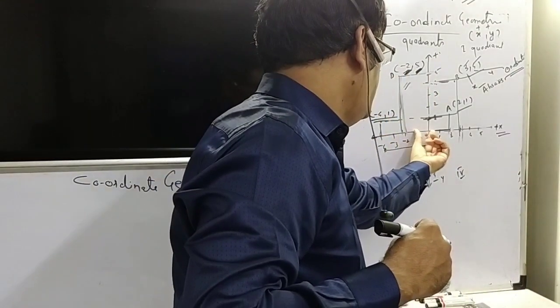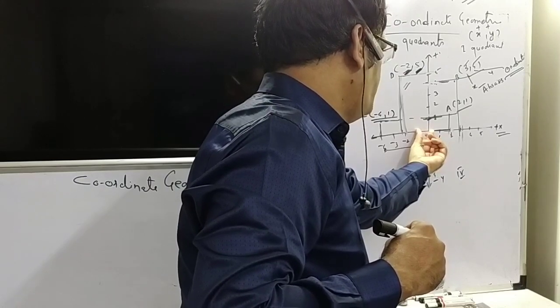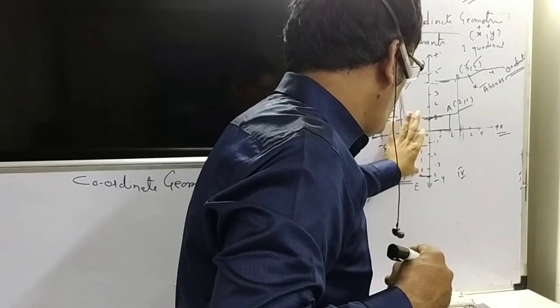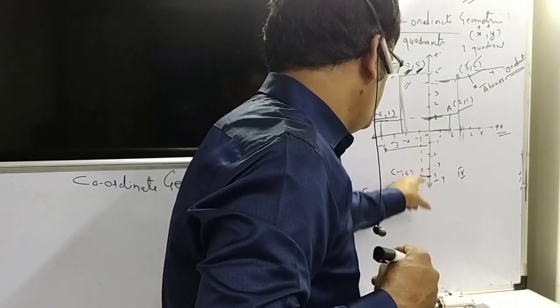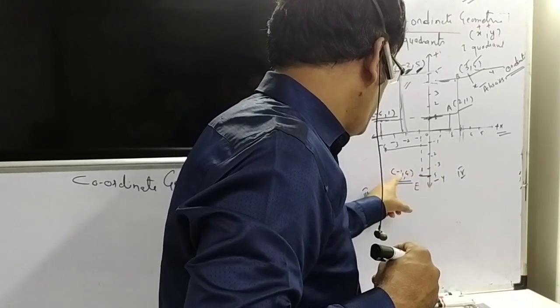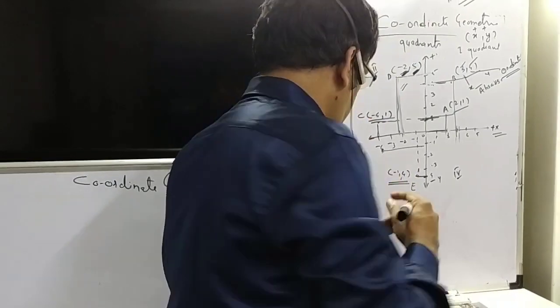To get E we move one place to the left, which is -1, and this is 4. So this point is the intersection of -1 and 4. The -1 is the x coordinate and 4 is the y coordinate.